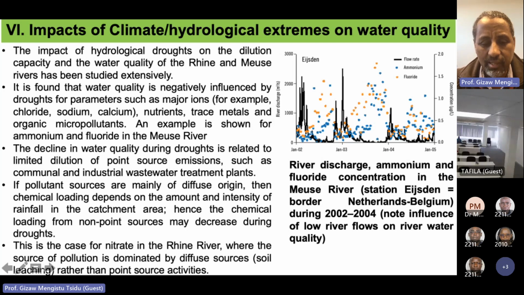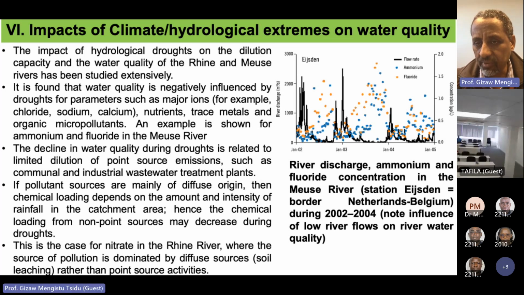This is actually not from satellite. They went directly to the river and picked samples during this period. Wherever you see high flow, the amount of ammonia and fluoride in the water sample has gone down, because they don't stay there. Water is not stagnant, so the pollutant is easily distributed and diluted.